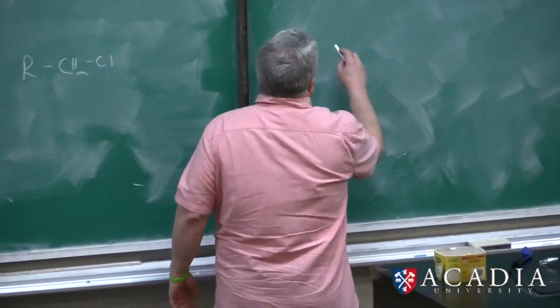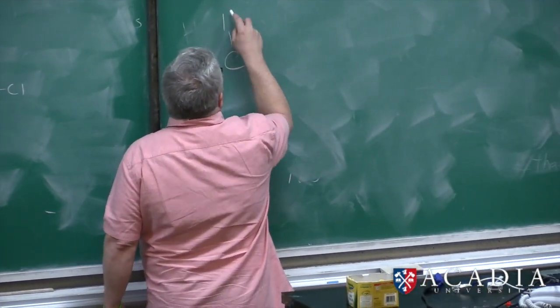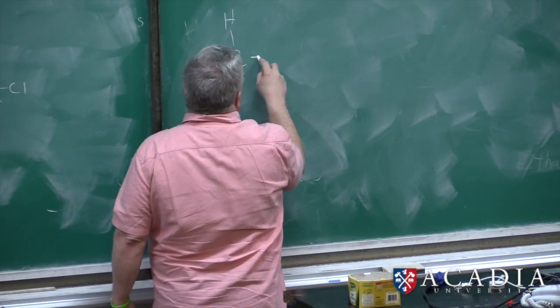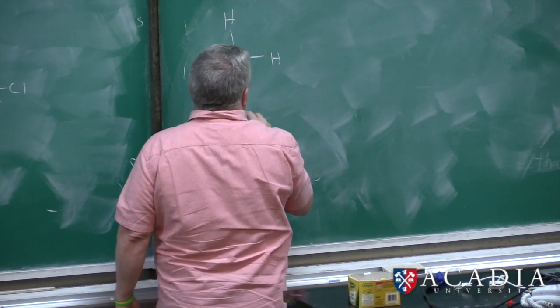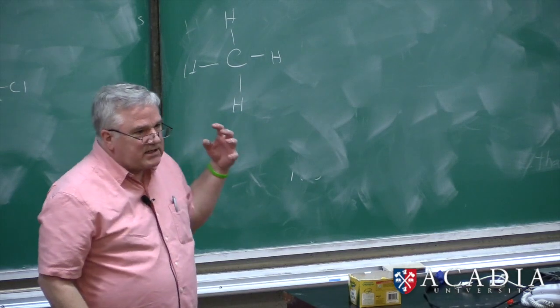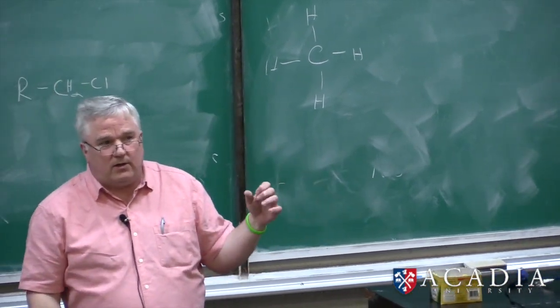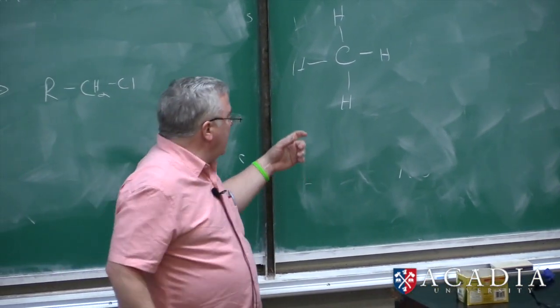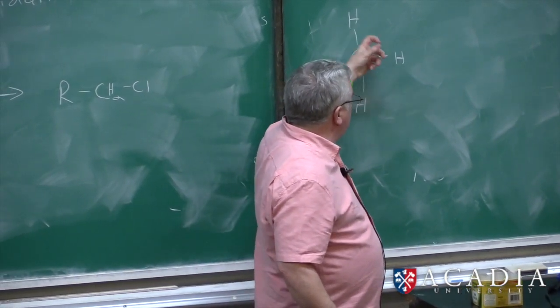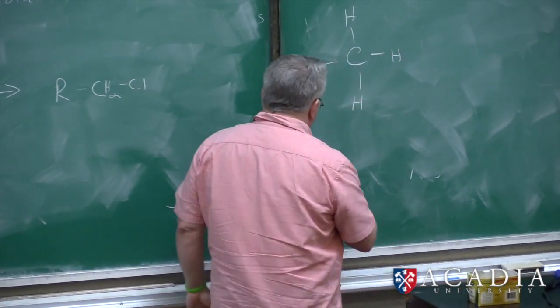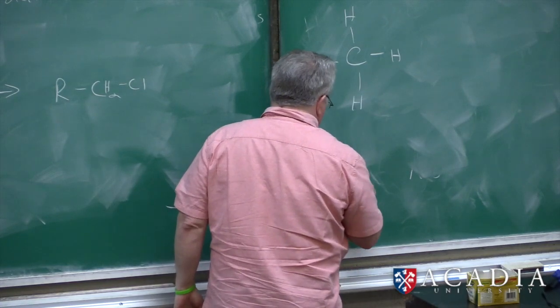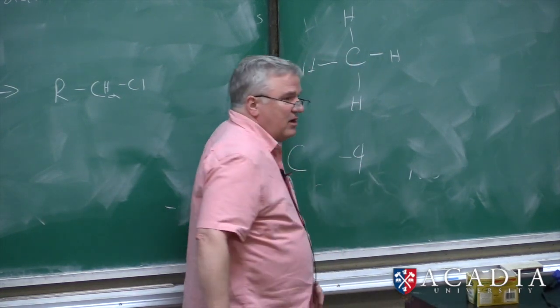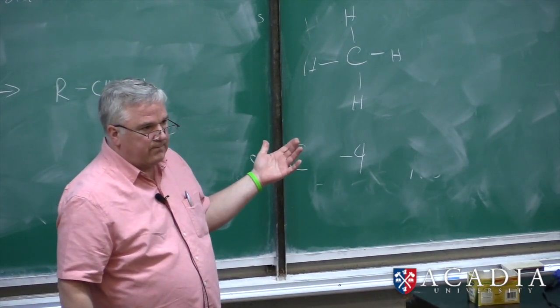So in this particular compound, CH4, what's the oxidation state, if you will, of carbon? Well, if each of the hydrogens is going to be +1, the carbon oxidation number is -4.